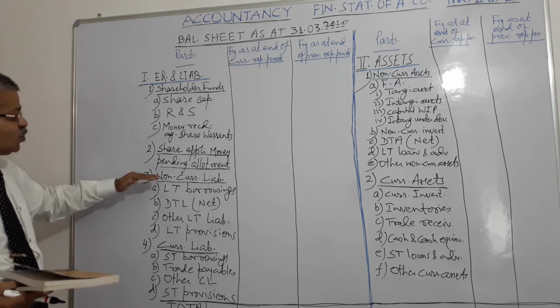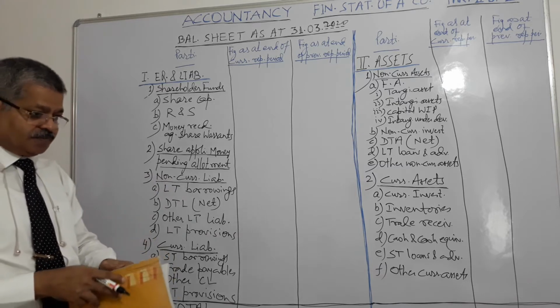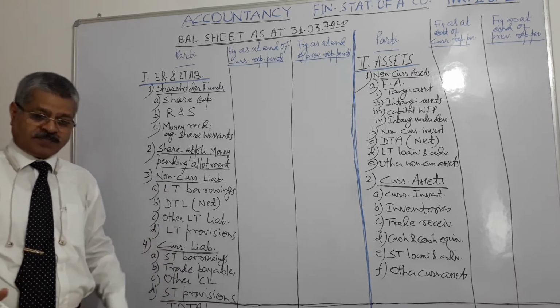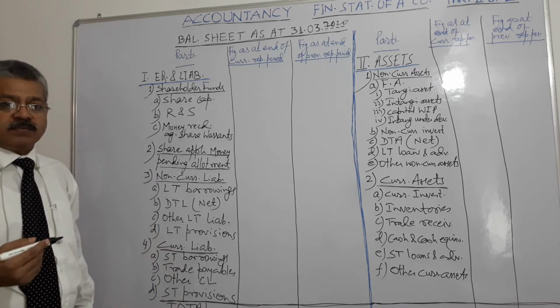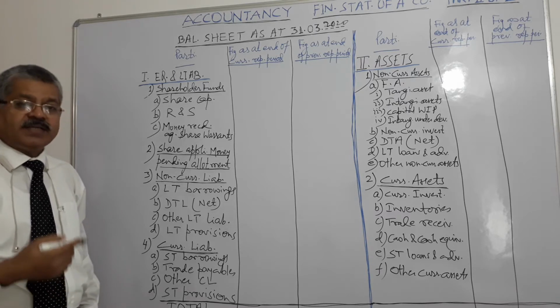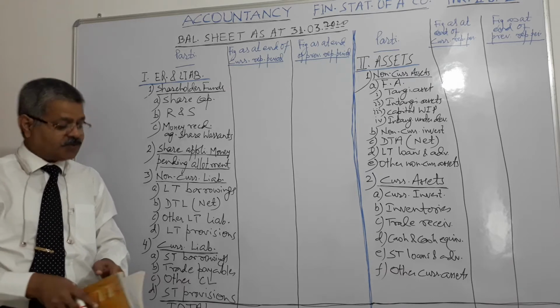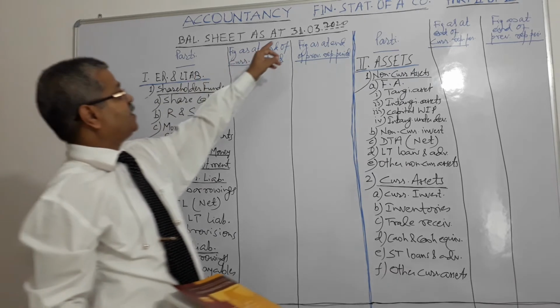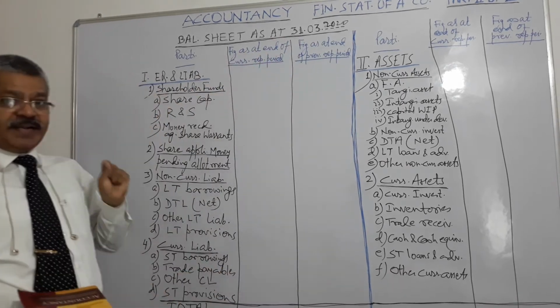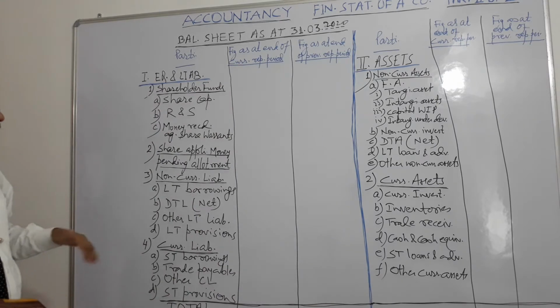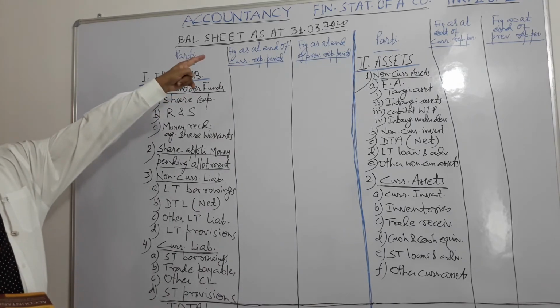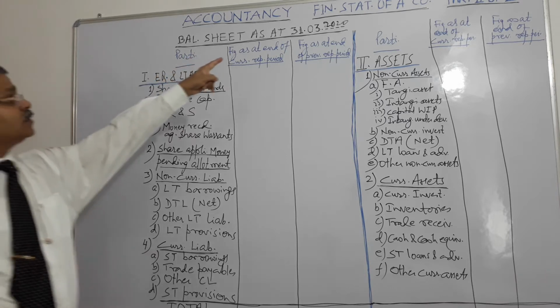Third major head is non-current liabilities. Those liabilities which are not to be met within the operating cycle of 12 months, right? Suppose we are talking of financial year 2019-2020, and we are as on 31/3/2020.